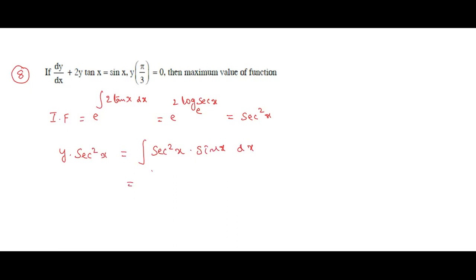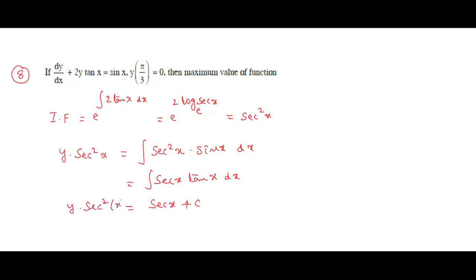This is overall secant x tan x dx. Now apply that integration of secant x tan x. Secant x plus c. y into secant square x.